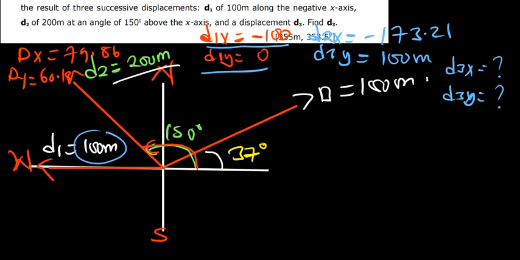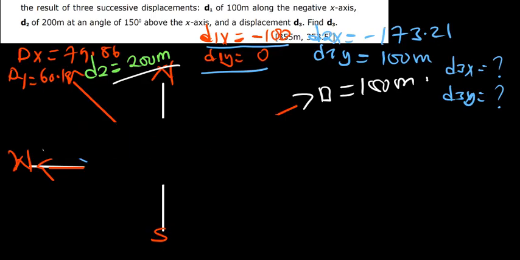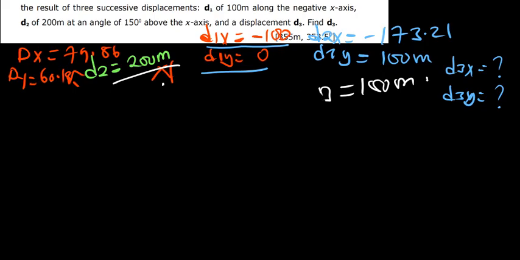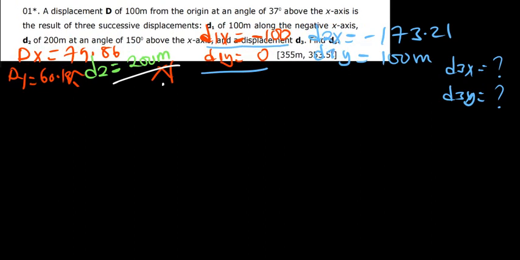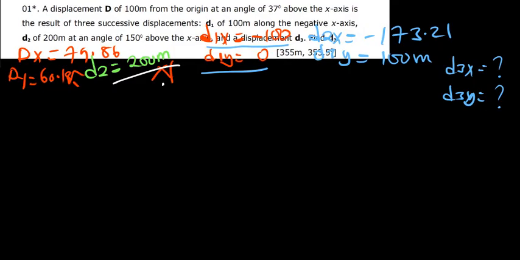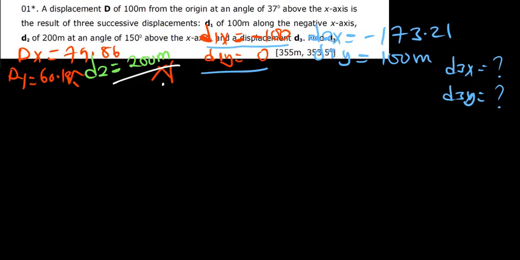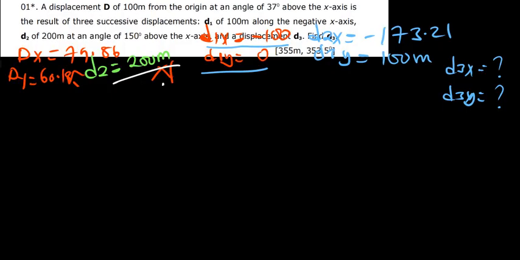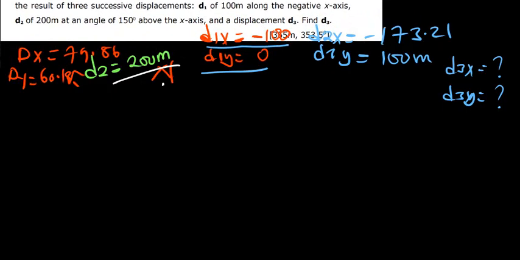So now after finding these, the next thing guys is you have to add the x components alone and the y components alone. But the question was the displacement d of 100 meters from the origin at an angle of 37 degrees above the x-axis is as a result of, so when we add, now what we're going to do is we are saying that dx, the capital dx, is as a result of d1x plus d2x plus d3x.